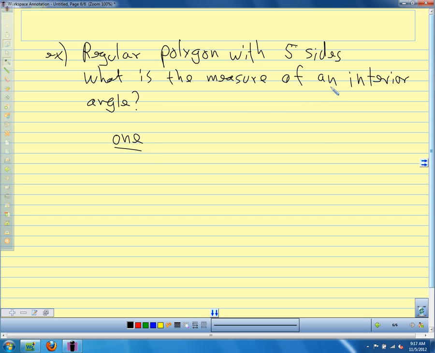One is our key word. We're looking for one interior angle. Our formula for one interior angle is 180 times n minus 2, divided by n, where n is our number of sides.